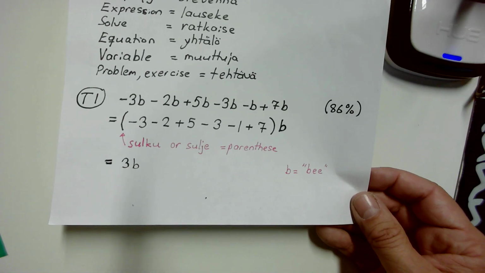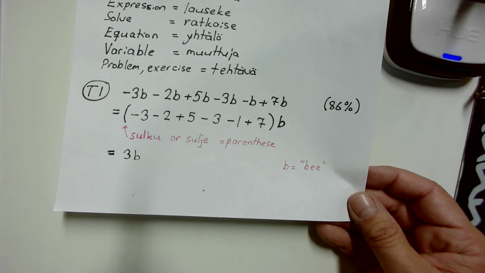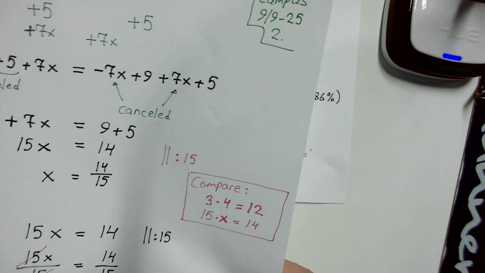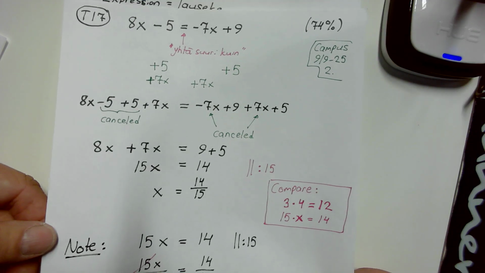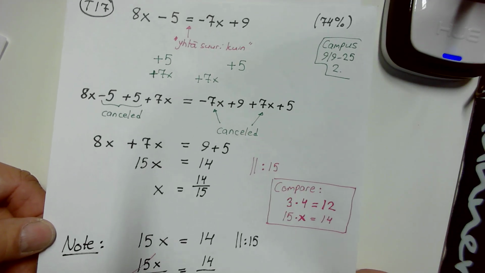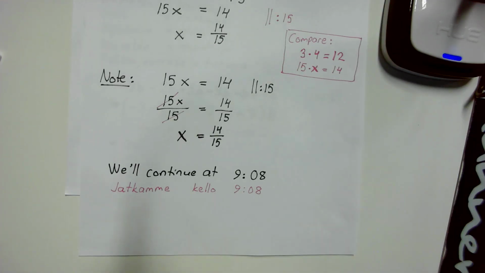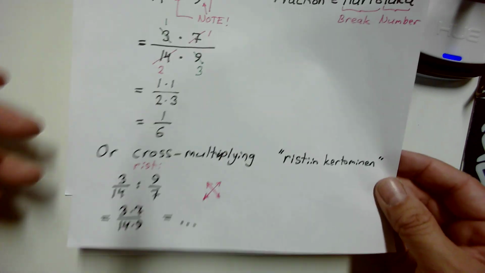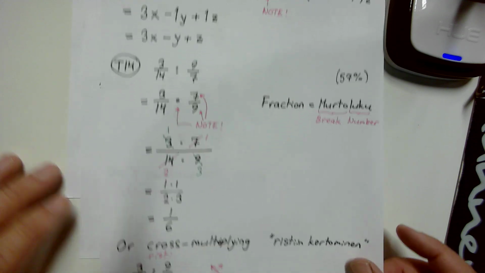We went through these first exercises in this math skills test, number 1, and I don't remember the order. Yes, this was the next one, number 17, which was a simple equation. Then we had number 2 and number 14, and I don't think we had time for anything else yesterday.